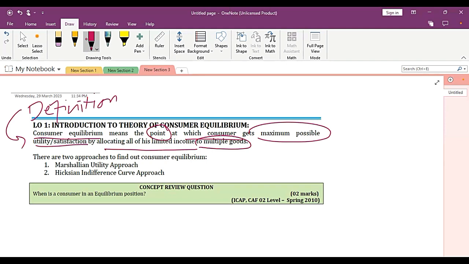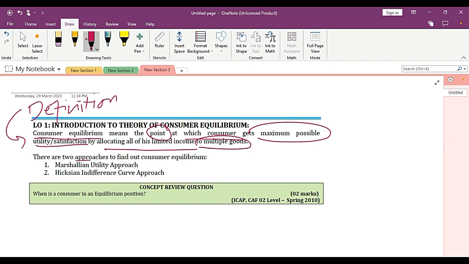As I've already explained, the consumer always wants to expend less of his money and get maximum benefits. So it is the point at which the consumer's expended money is as little as possible compared to the utility or satisfaction that he obtains from utilizing such funds.